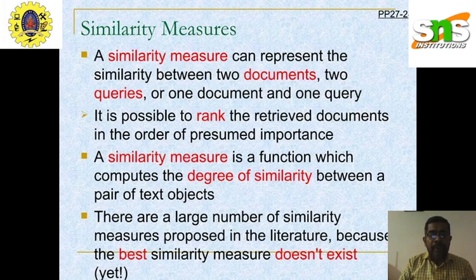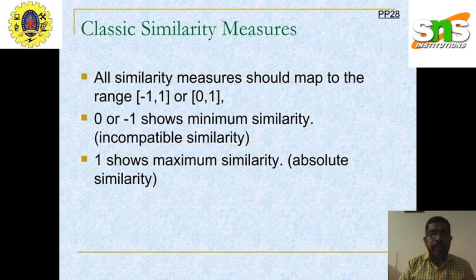If you have a large number of similarity measures, especially in literature or other documents, we have to apply the appropriate similarity measurement. The thing is, we still can't derive 100% accuracy in similarity measurement algorithms, but we do derive algorithms with certain good accuracy.